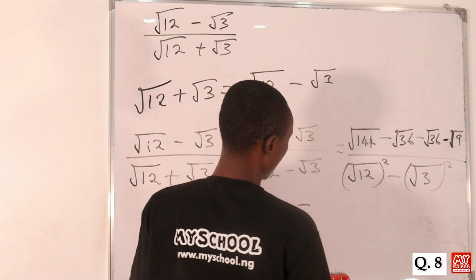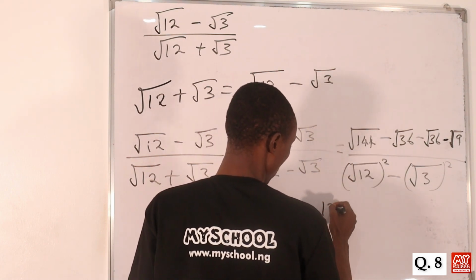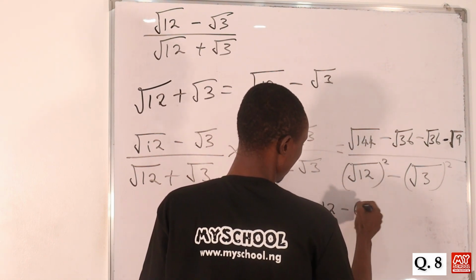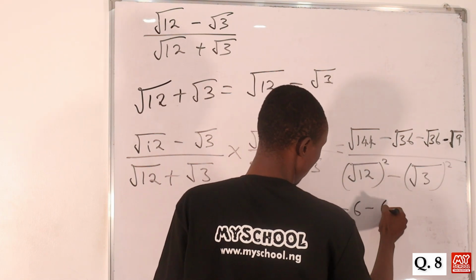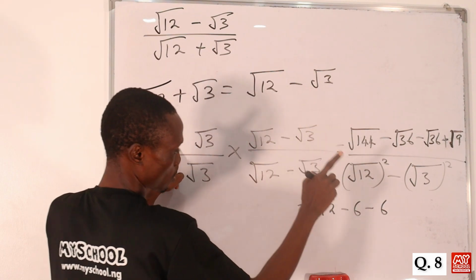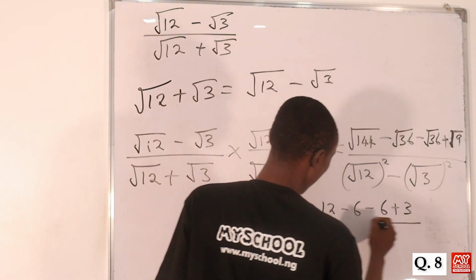Okay, so let's simplify further. Here, root 144 is equal to 12, then minus root 36 is 6, then minus root 36 again is 6. Then here we are going to be having plus because minus times minus is plus, please take note. So root 9 will give us plus 3.